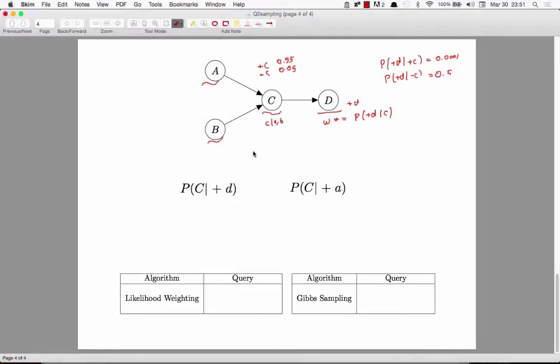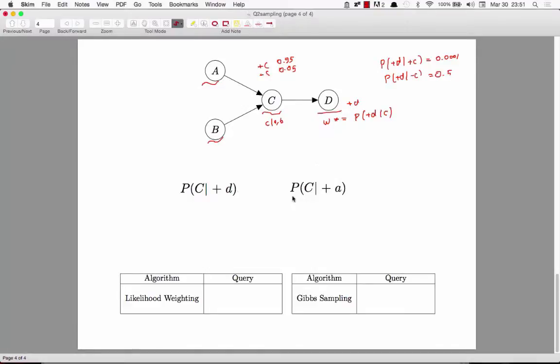So likelihood weighting is not very good at dealing with downstream evidence, because the samples of the upstream variables might eventually get weighted very small, and you might have to draw a lot of samples to get a good estimate.